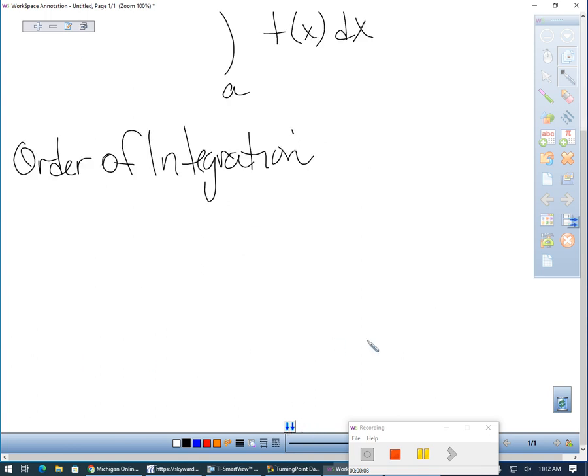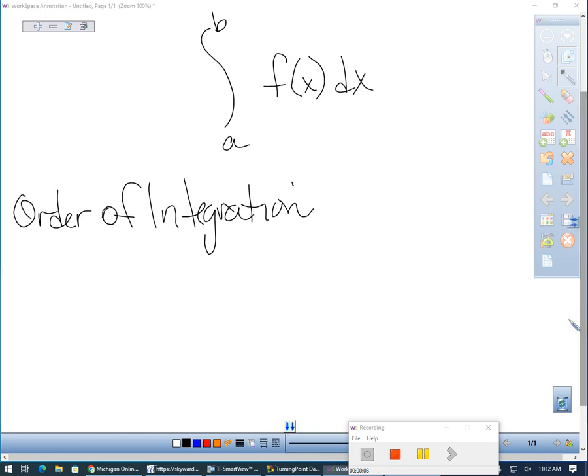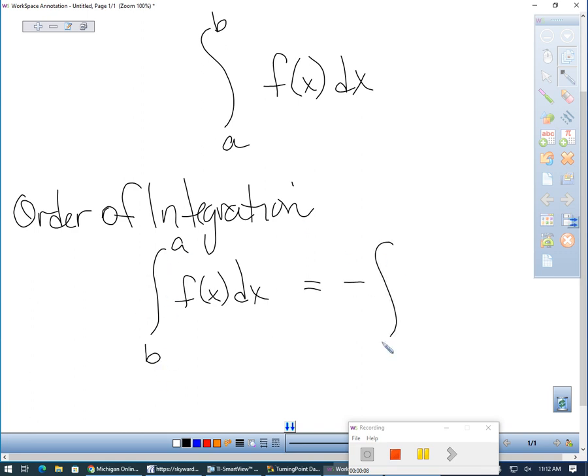If for some reason your original integral has it going from b to a of f of x dx, then in order to flip these the right way, we're just going to put a negative in front, or multiply the whole thing by a negative, which flips your lower limit to your upper limit of f of x dx.